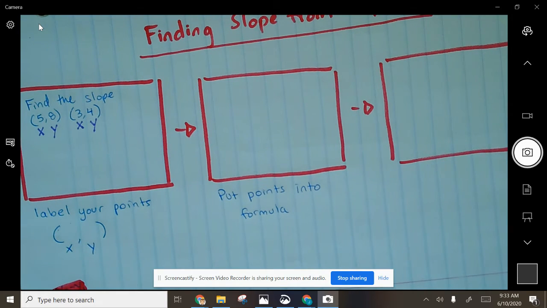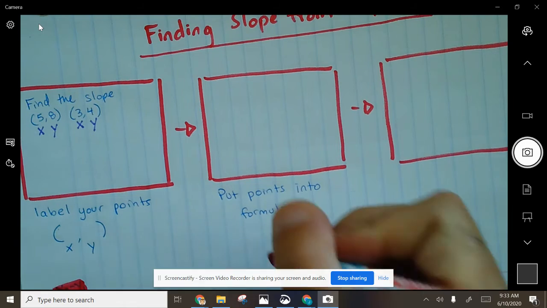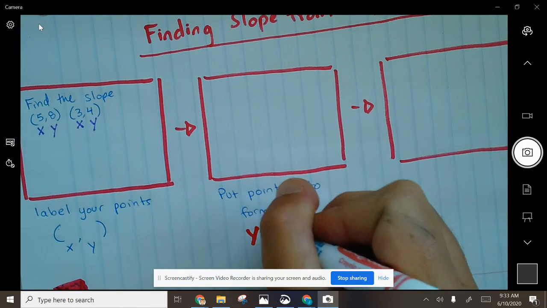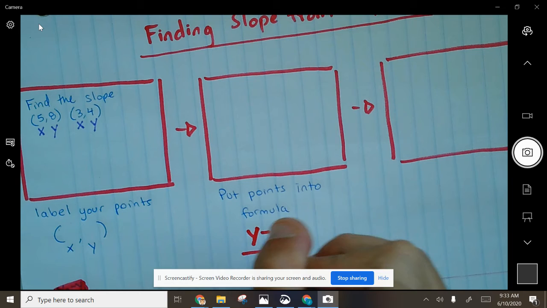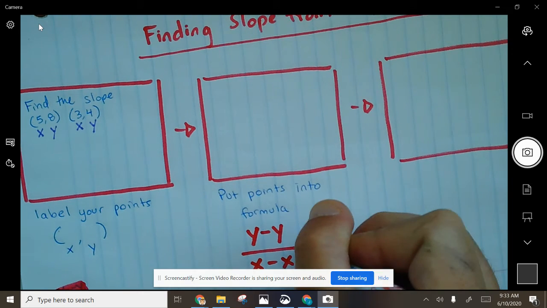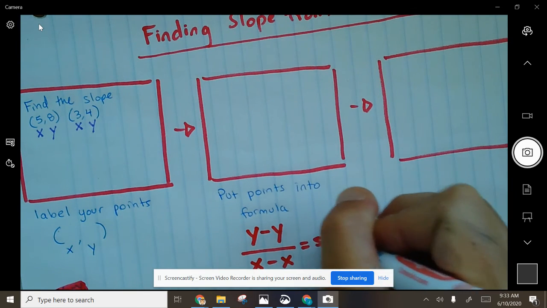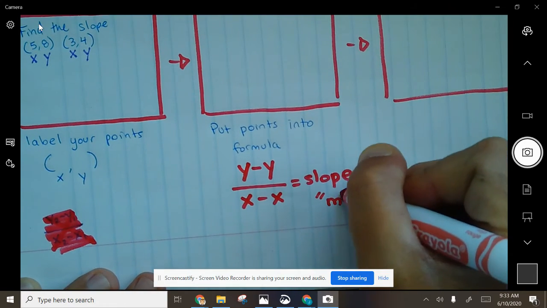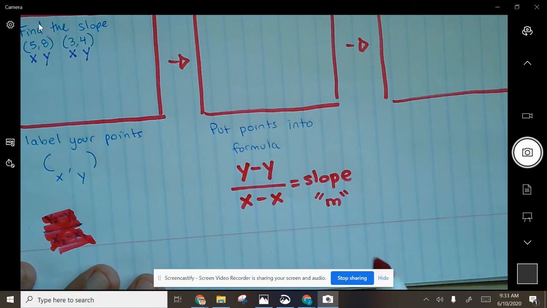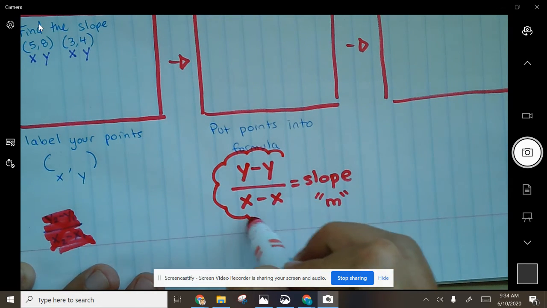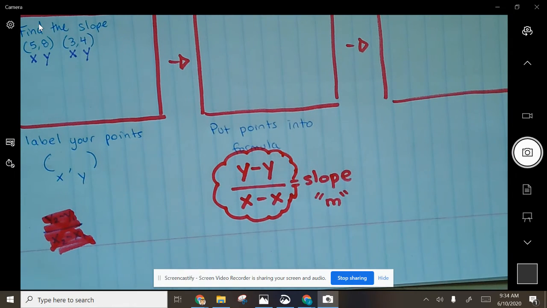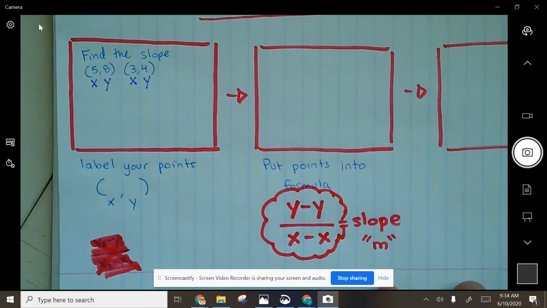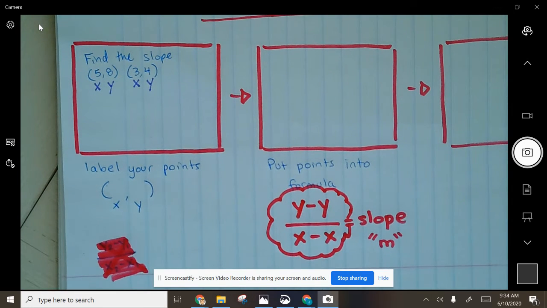It's just going to be Y minus Y, which is also known as the M. Okay? And this is your goat 2. That's going to give you the slope. Y minus Y over X minus X. Now, the only way you're going to mess this up is if you don't go from left to right. You have to go from left to right to get this done properly.